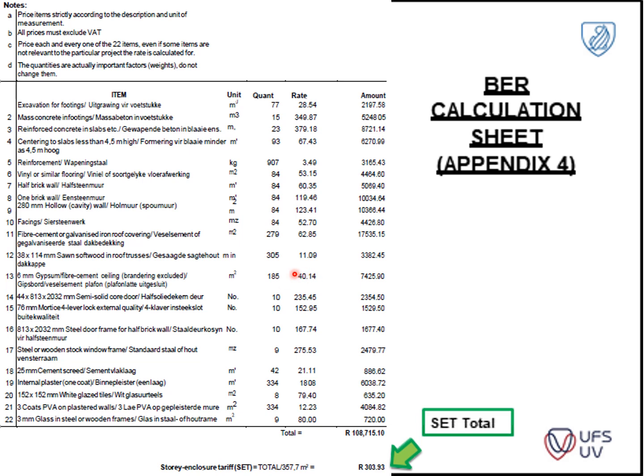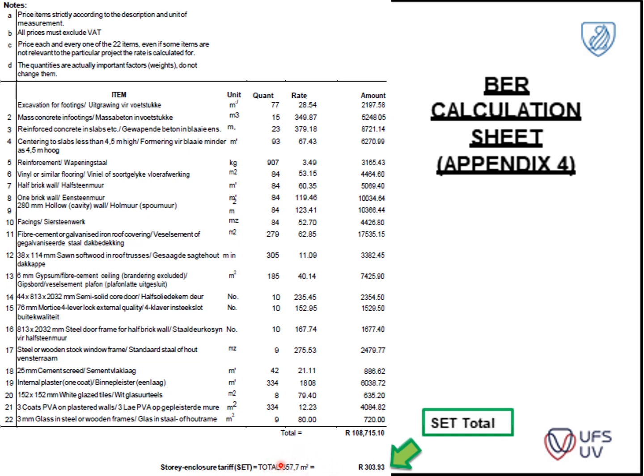So this is typically how the calculation sheet looks, and this is what you will use when you're calculating your storey enclosure tariff. These items always stay the same, and you take a historical building to price all of these items to get to a standard storey enclosure total, which is then divided by the standard 357.7 square meters.